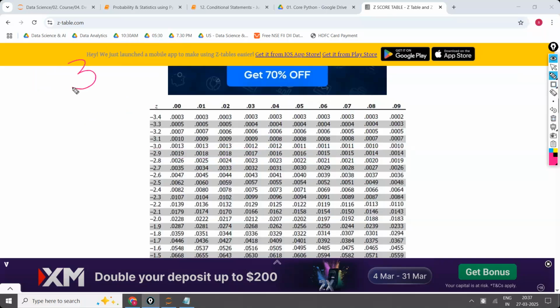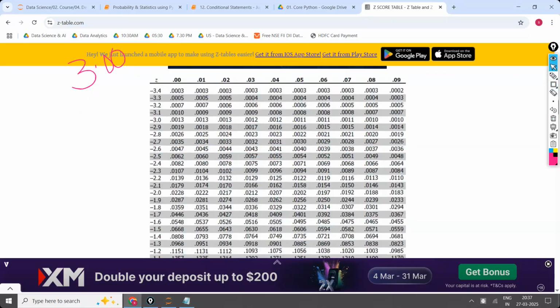Now, what is your value? You got 3. Up to 2 decimals, what do you have to do? 3.00. Okay. Now, up to 1 decimal, where will you find it? On this side. This second decimal, where will you find it? Here. Now, is 3.0 plus or minus? Plus. Here it is minus, here it is plus. Minus 3.0, no, come down.